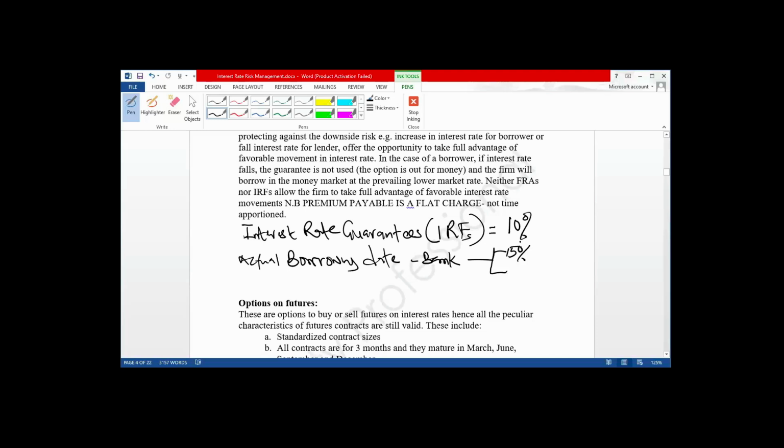And you have entered into a guarantee of 10%. In this case, you are going to apply your guarantee. You are going to exercise your guarantee. You are going to borrow at a maximum guarantee rate of 10%.